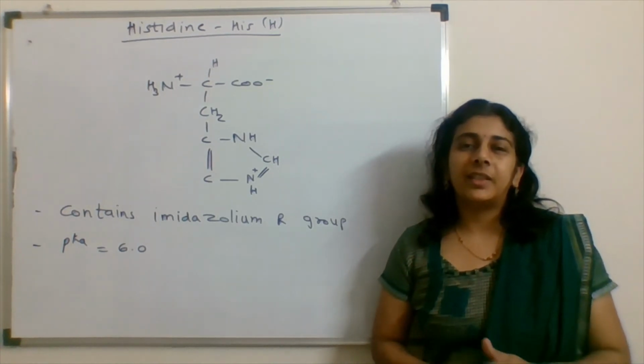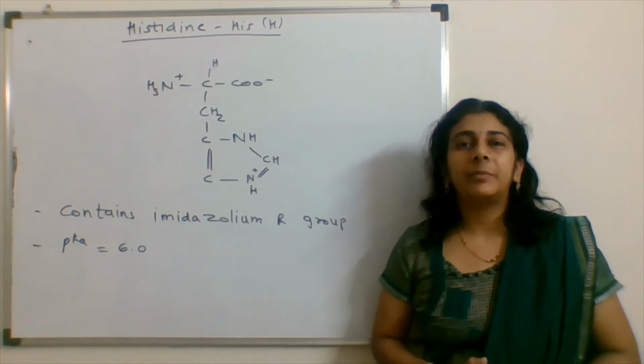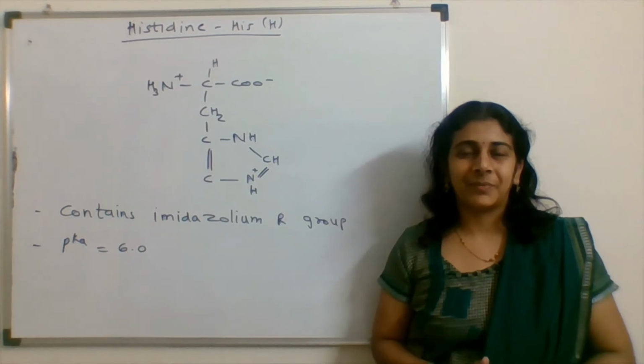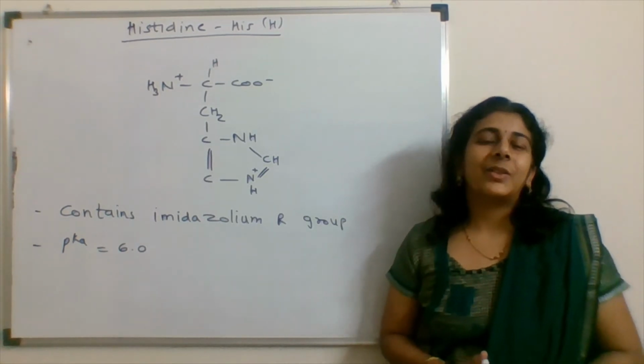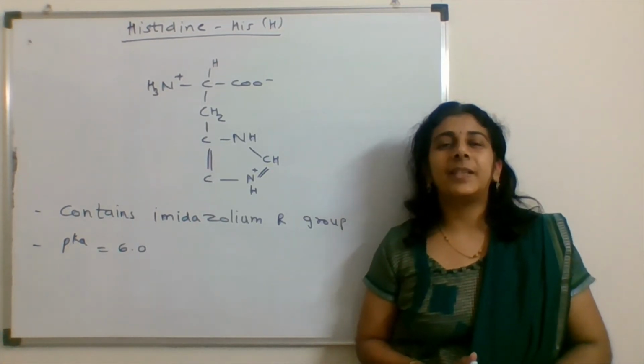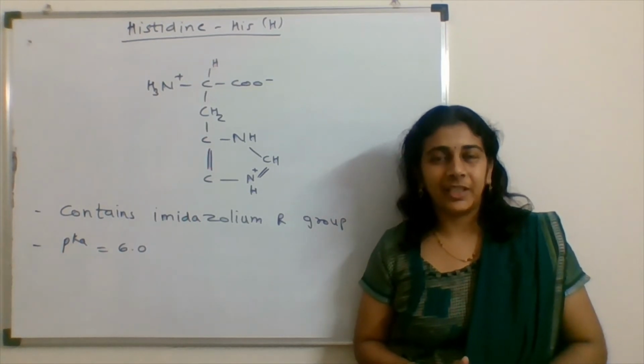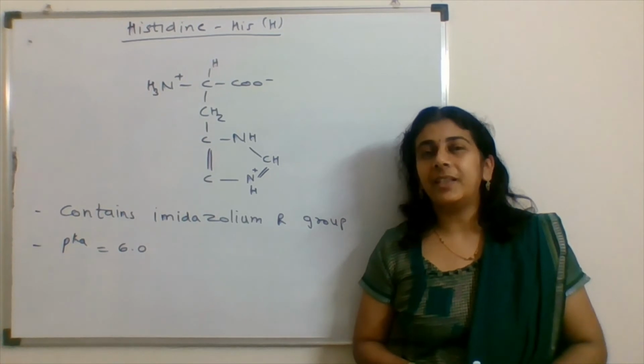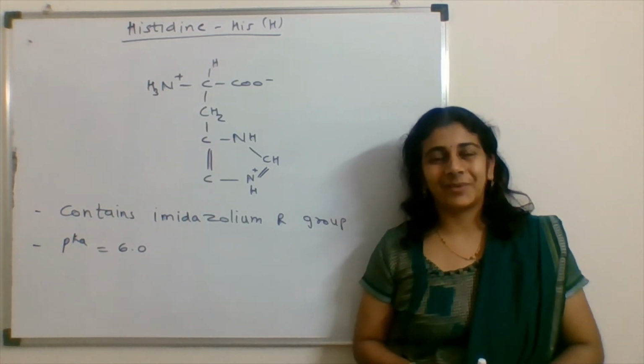That's why histidine can perform buffering activity at physiological pH. Due to this property, histidine is present in hemoglobin. It is also present in protamines and in histone proteins.